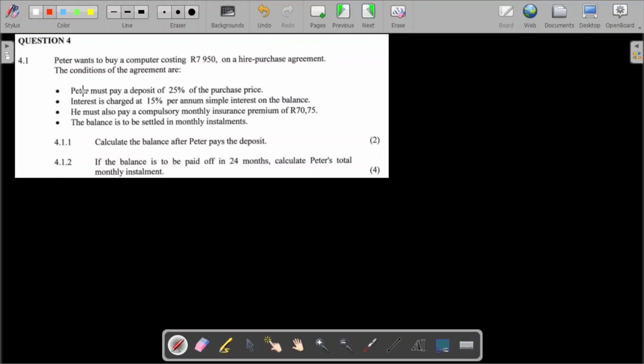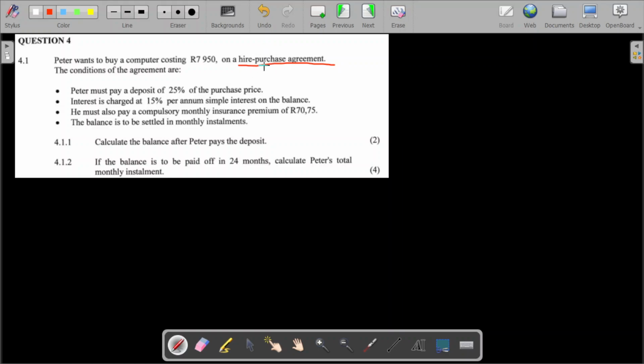First, the very important thing, you must read that statement. Peter wants to buy a computer costing 7,950 on a hire purchase agreement. Very important word: hire purchase agreement.